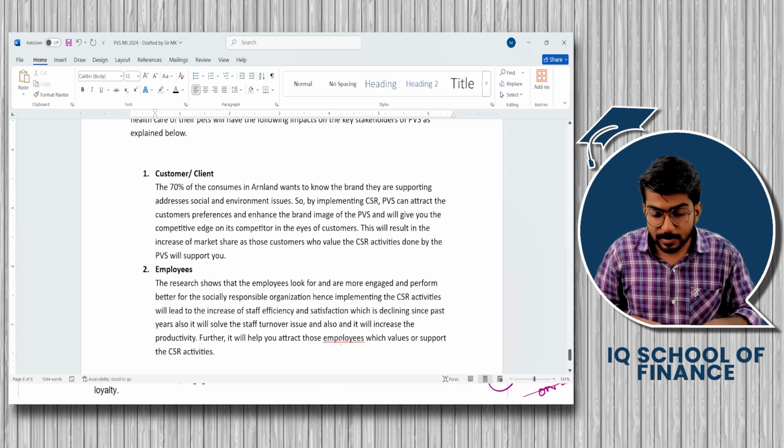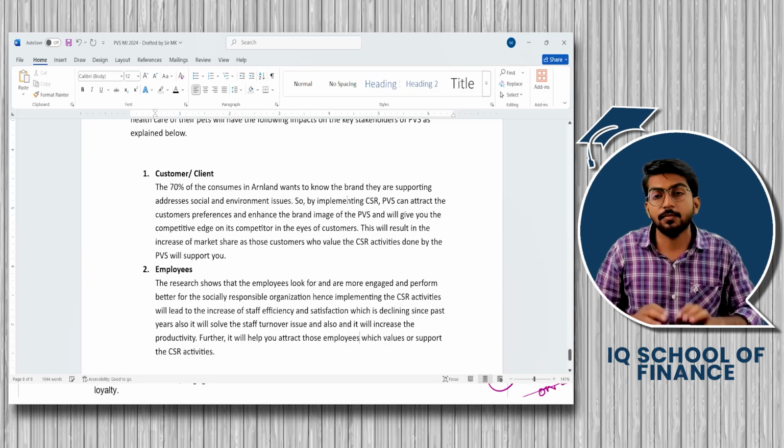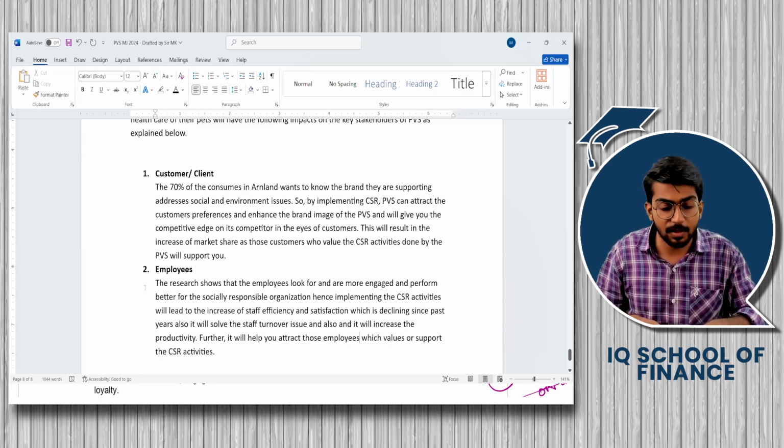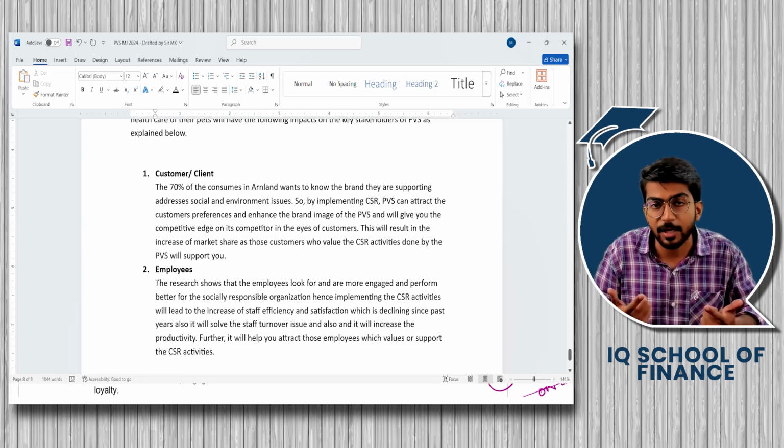So Sneha, see how you can draft a structured and complete answer. You have to start from the information in the exhibit, or the fact which you are thinking on, based on which you are drafting the point. The research shows that employees are more engaged and perform better for socially responsible organizations.